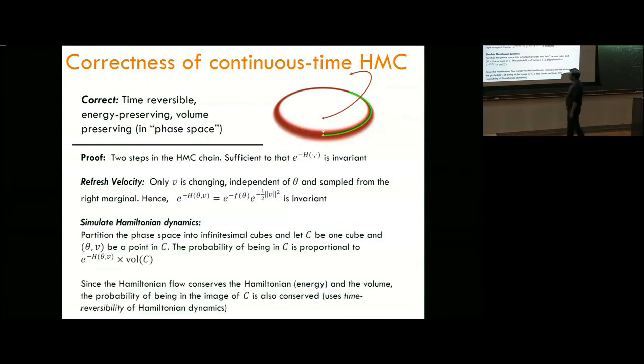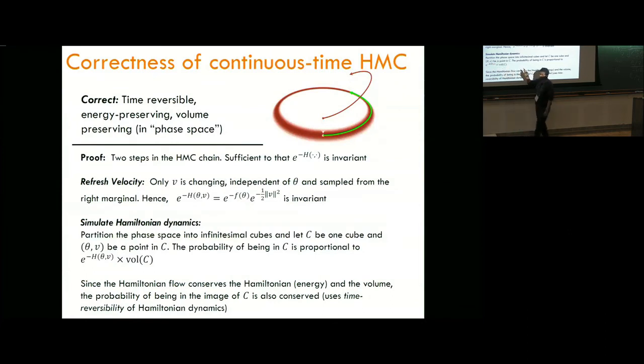So here is where I will use all three of the facts that I mentioned: time reversibility, energy preserving, and volume preserving in the phase space. If I start at theta, v and go for some time, I know that the Hamiltonian is preserved. So this number doesn't change, right?